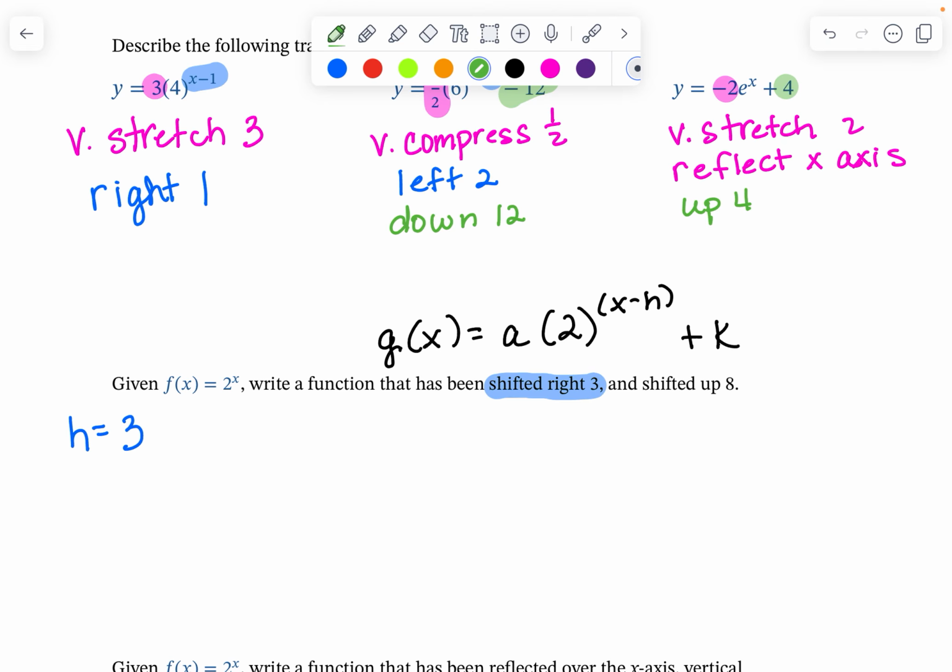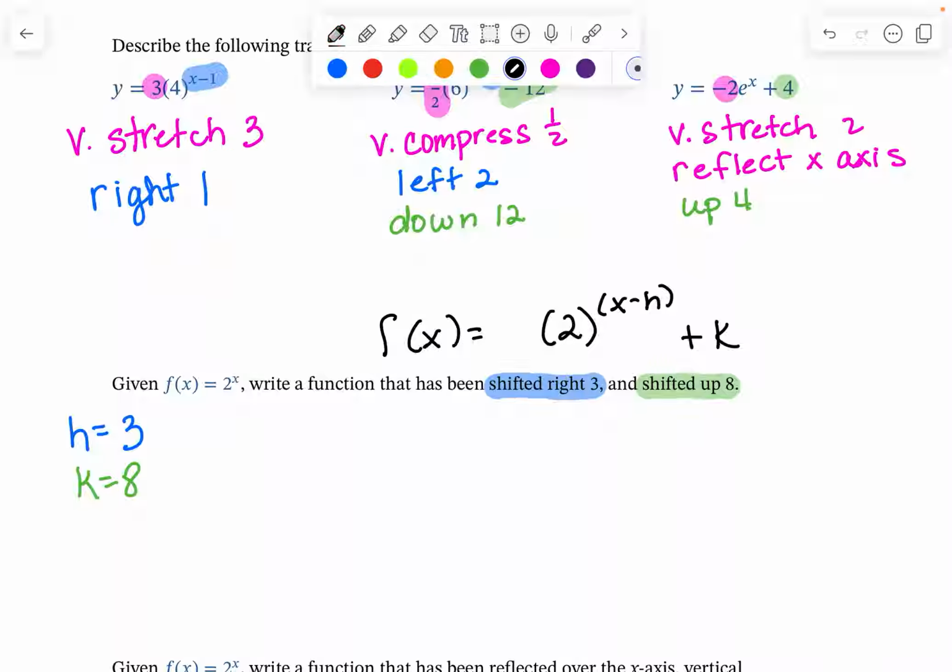Okay, I want to, what do I want to do? I'm trying to see how many pages there are. Let's do one more and then we can stop. Same formula, it looks like. It says write a function that has been reflected over the x-axis. So when we have that reflected over the x-axis, we know we're talking about a negative there.